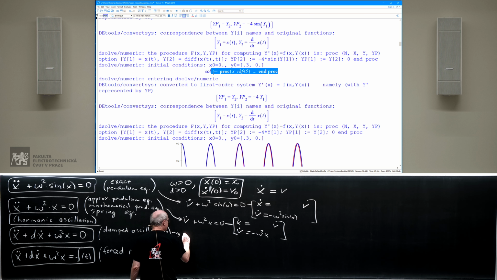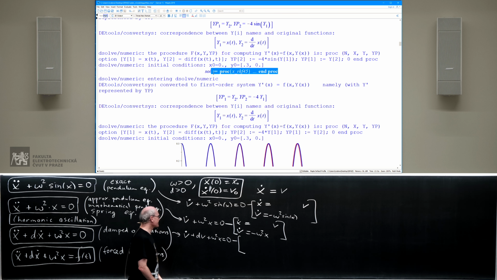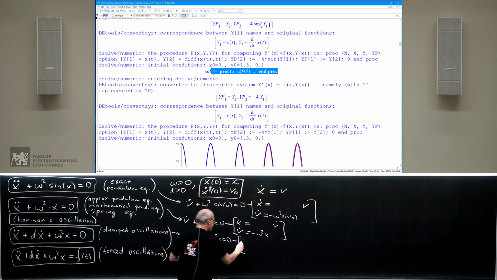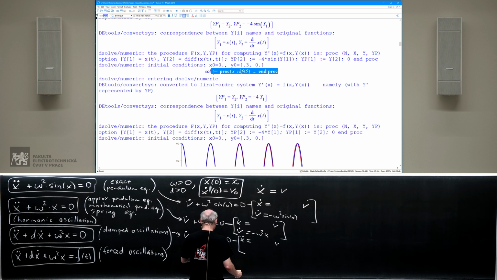I substitute and I get v dot plus dv plus omega squared x is 0, and therefore I get a system which looks like this. x dot is equal to v, and v dot is equal to minus omega squared x minus dv.